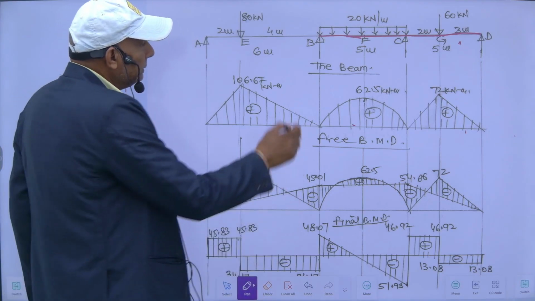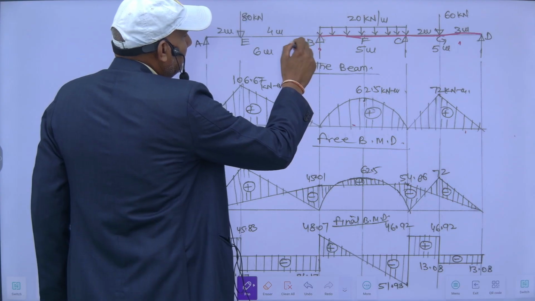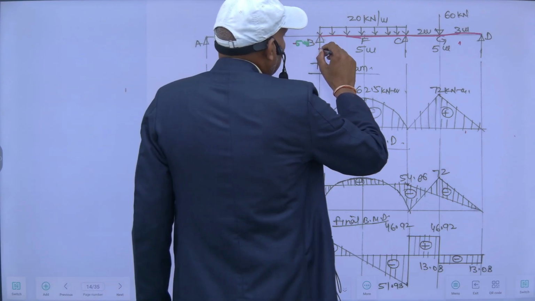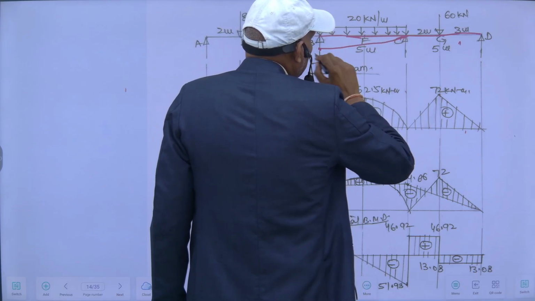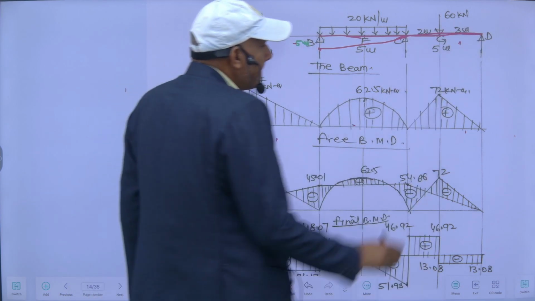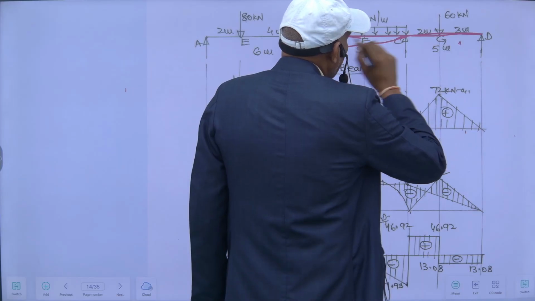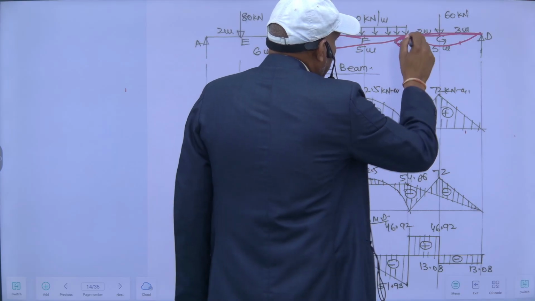So, there is a settlement of 5 mm. It will be like this. So, my C will be at the center.